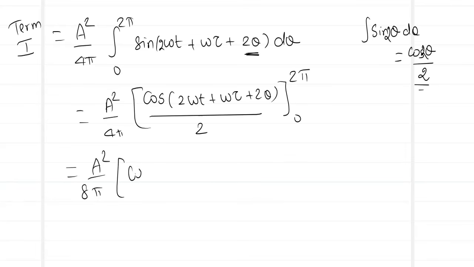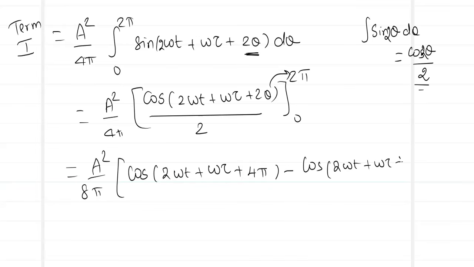The upper limit makes it cos of 2 omega t plus omega tau plus 2 theta, where theta takes the upper limit 2 pi, so 2 times 2 pi is 4 pi, minus the lower limit, cos of 2 omega t plus omega tau plus 0. So this makes it cos of 4 pi plus theta.